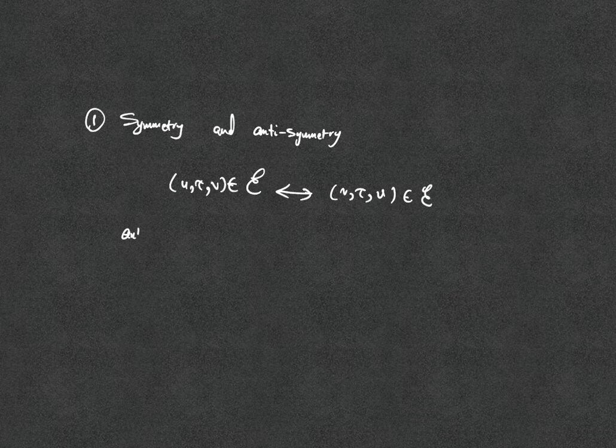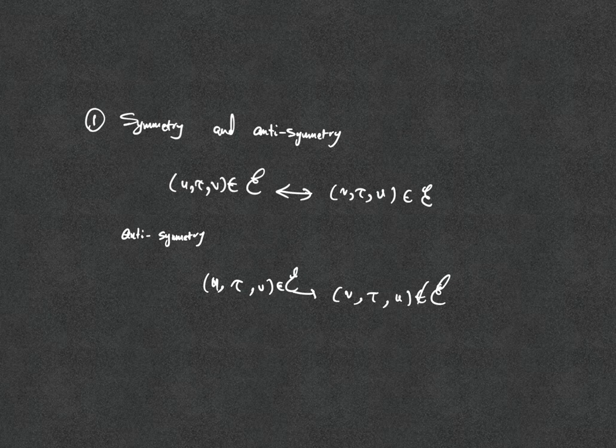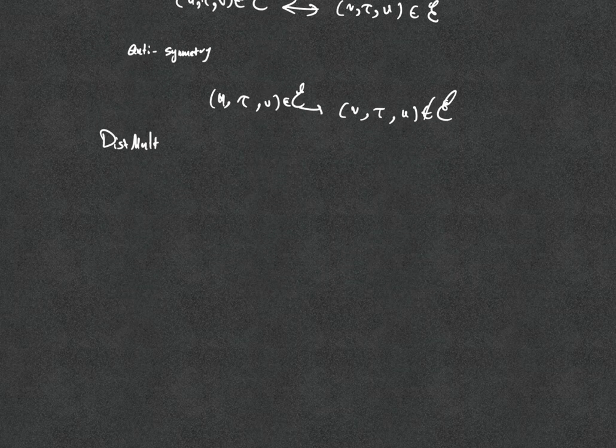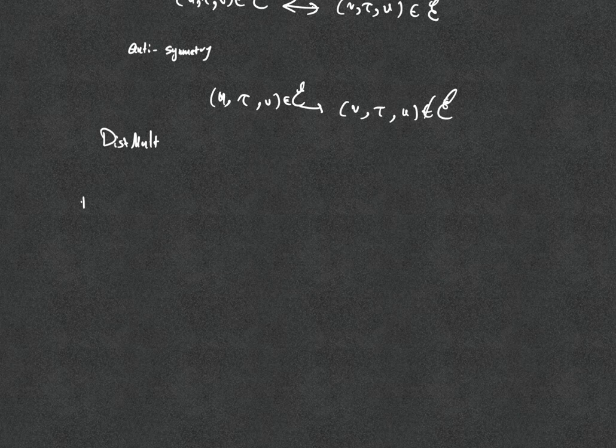Now, anti-symmetry means that if the relationship tau exists between u and v, you can say that it's not going to exist between v and u. Now, for example, DistMult that we discussed that uses multilinear dot products cannot model this, and it can only represent the symmetric relations.